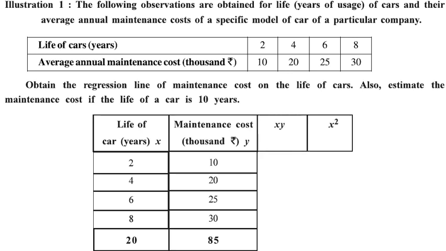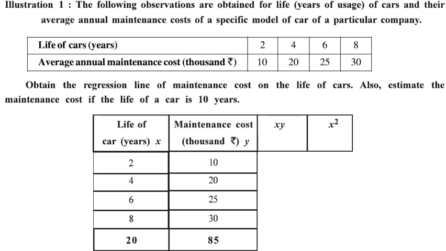Now once again, let me explain how we are going to draw the columns. In the correlation chapter, whenever you were using the XY method, you needed the X column, Y column, XY column, X square column and Y square column. But as I have already told you in the previous tutorial, in the regression of Y on X we don't take the Y variable in the denominator, we only take the independent X variable.